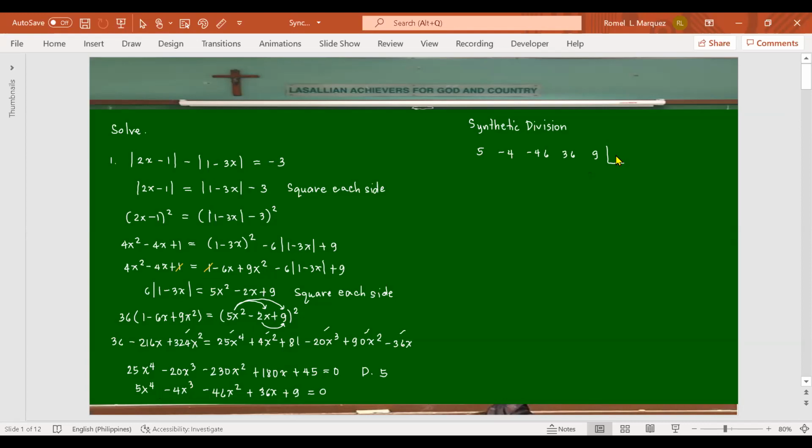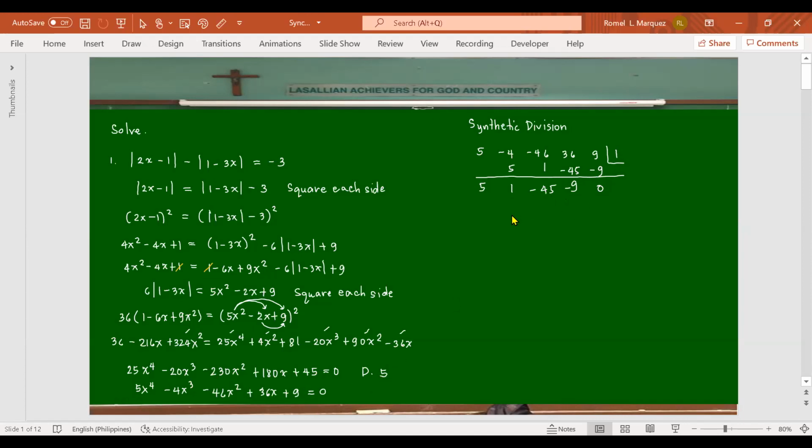So 1 is correct, no? So we now have 5, bring down, multiply by 1, add, multiply by 1, add, multiply by 1, add. So it is 0. So it means x minus 1 is a factor of this polynomial.